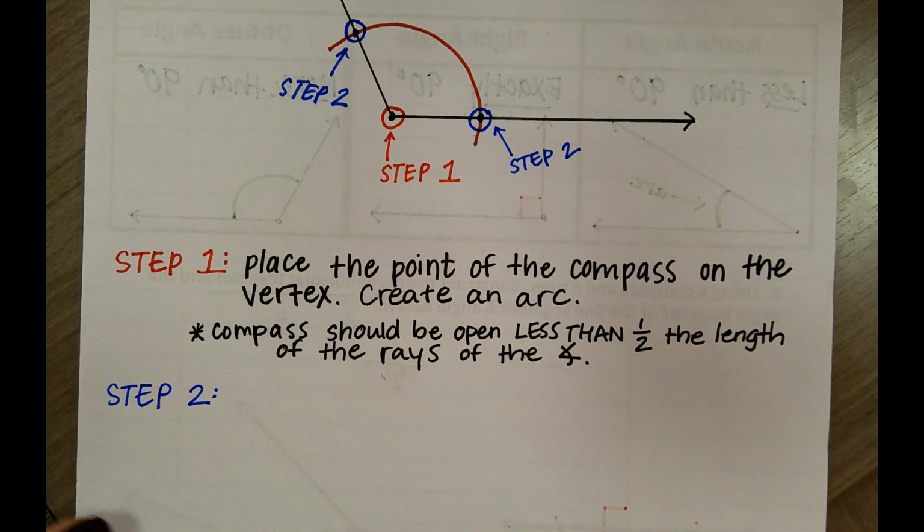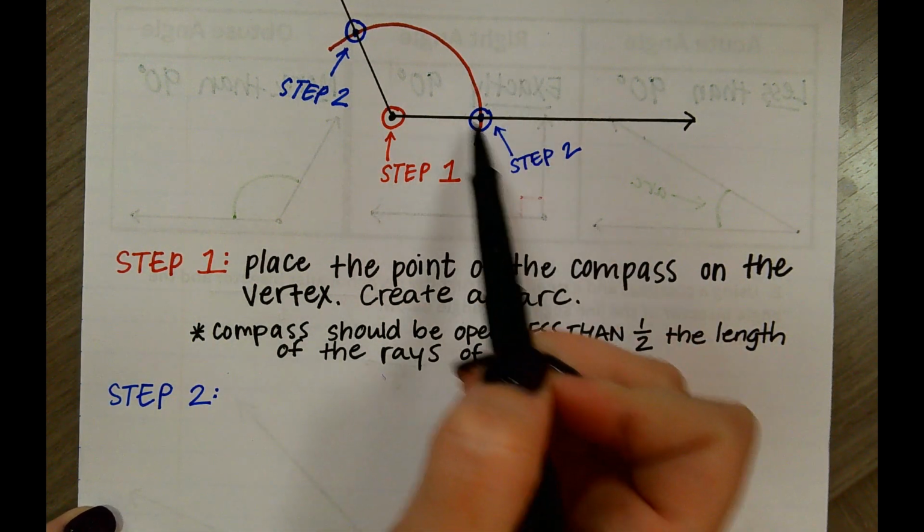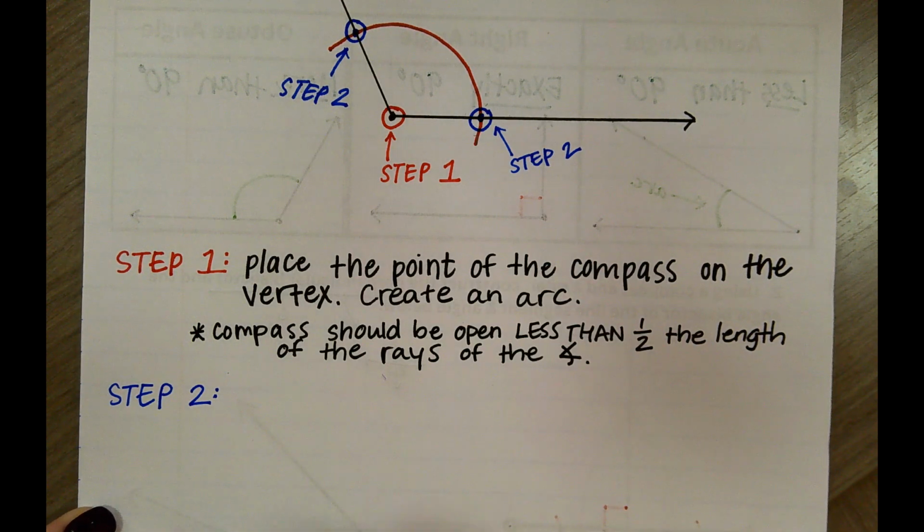So for step 2, we are now going to place the point of the compass on the intersections that we made in step 1.